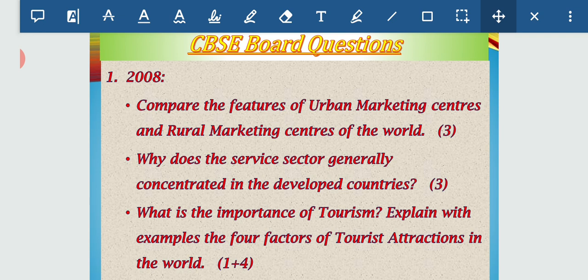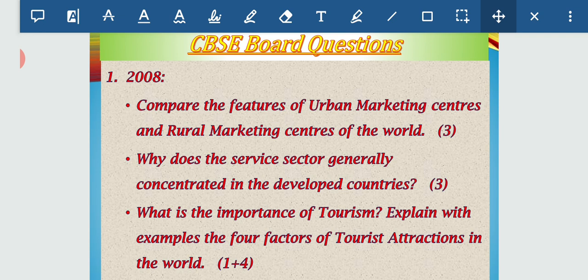Why is it well developed in the developed countries? Because the business services are very much developed, with advertising, legal services and public relations.